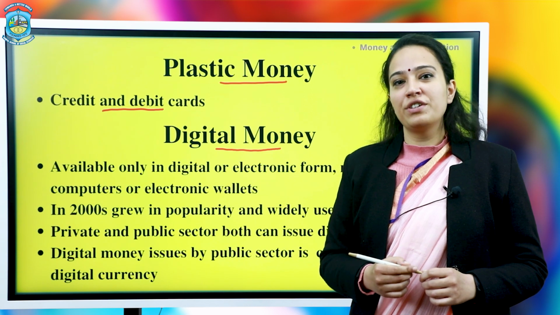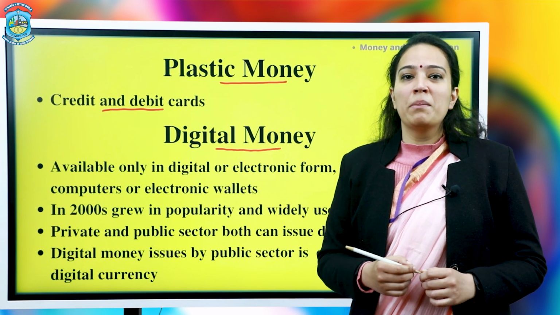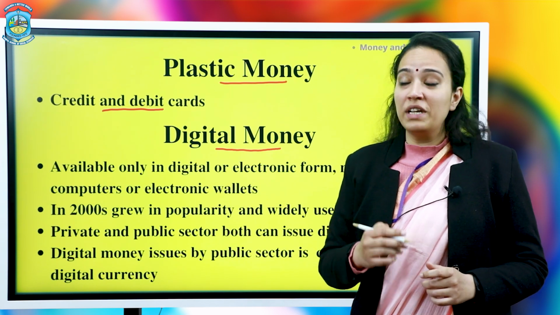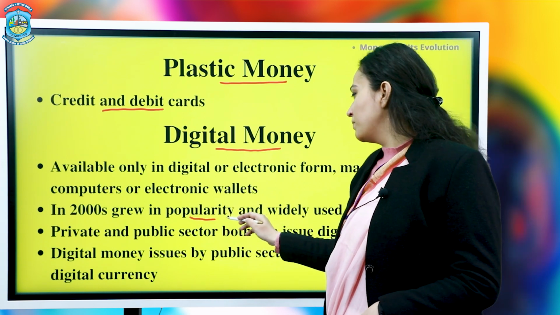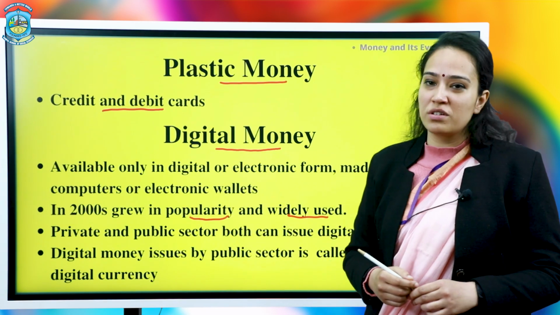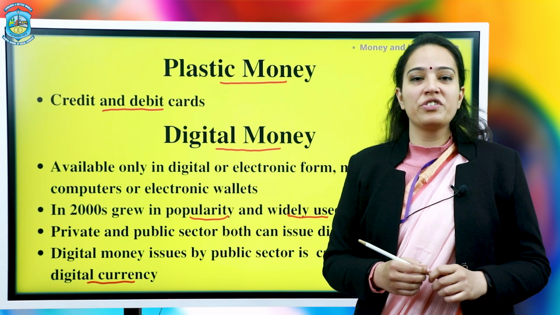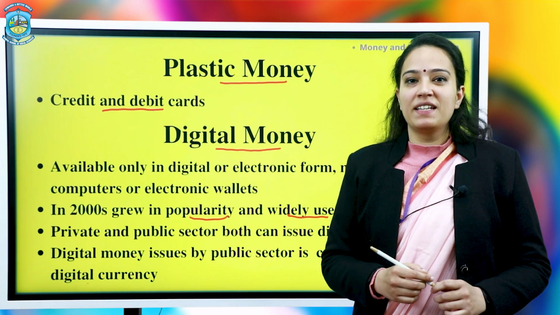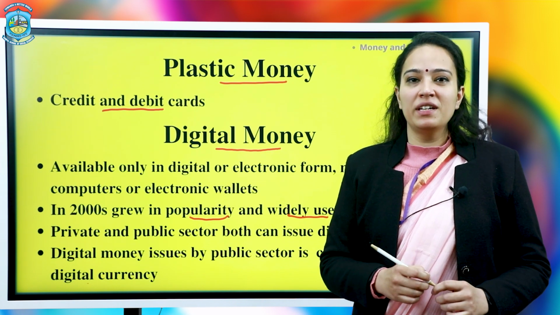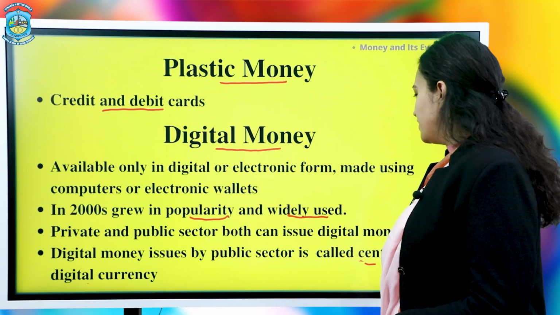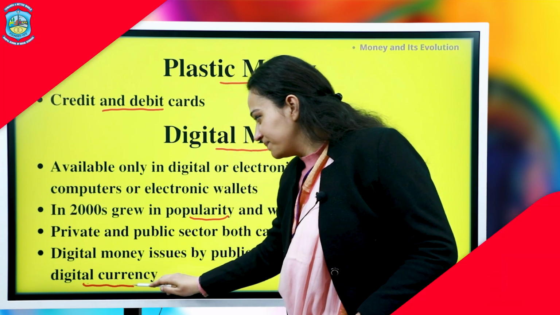It was initially introduced in the 1990s, but it failed to pick up. It was only in the 2000s that it grew in popularity and is widely used. Private sector and public sector both can issue their own digital money. When the public sector issues digital money, it is known as central bank digital currency.